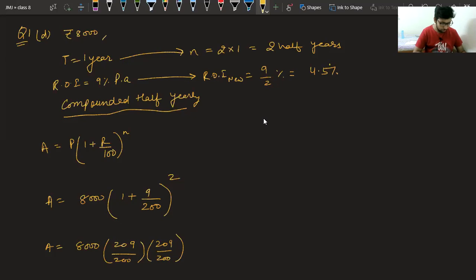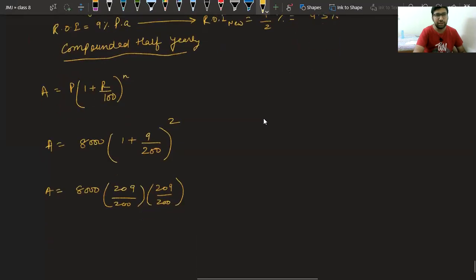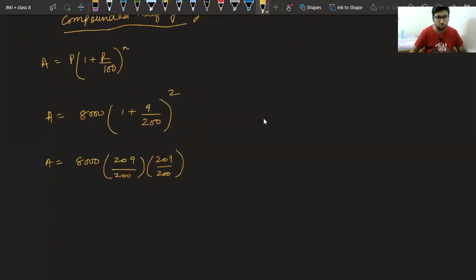Now find the answer. First, we can see what is cutting easily. These 2 zeros and these 1 0, these 3 will cut. Now we have 2 and 20. You can say 2 2s are 4 and 2 10s are 20. So what we have got now, A is equal to 2 into 209 into 209 upon 10.